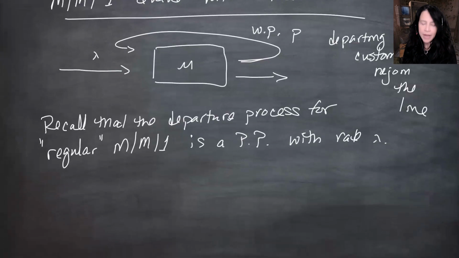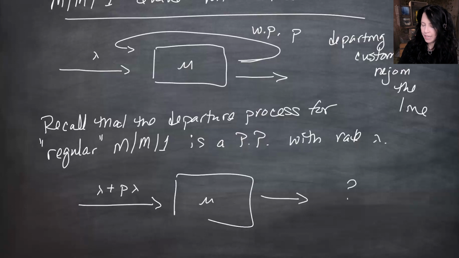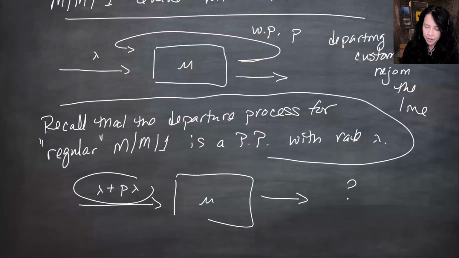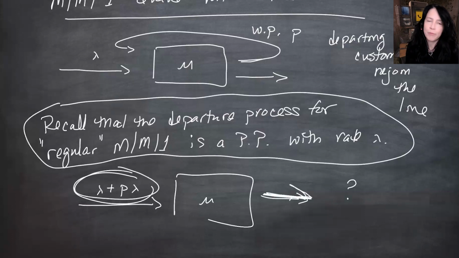So if you feed them back in, can we think of this as like a lambda plus P times mu? Like, is that how it's acting? And the problem is that if you have this as your arrival rate, then by the same way we showed part of this claim that the departure process is a Poisson with rate lambda, now the departure process is going to be a Poisson with this rate, and that's got to come around again.